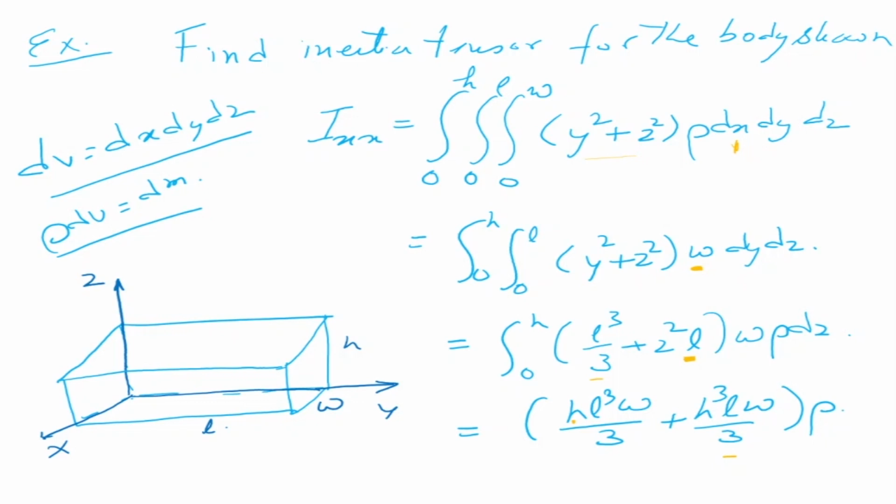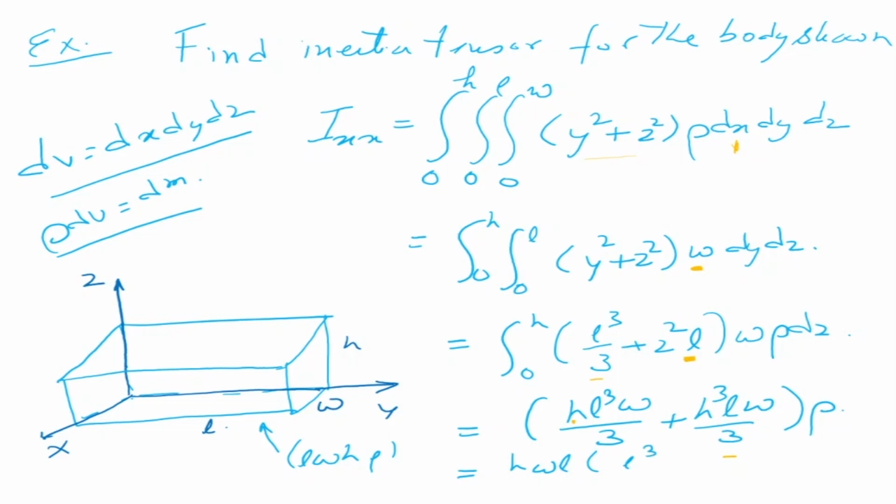Now we have seen what we are getting further from here in terms of the volume of the body. What is the volume of this? It is equal to w into L into h, that is the volume, and into rho will make it the mass. So what I do here is I take h, w, and L common, and inside what is left?